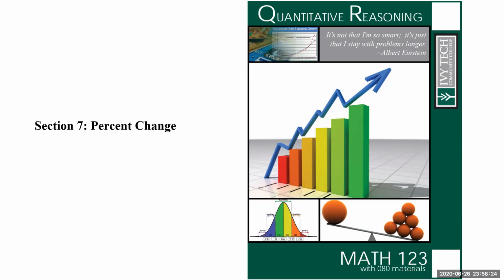So we looked at the first part of section number 7, which spoke about the absolute and relative change. Let me recap that. Absolute change is your new minus your old, basically.